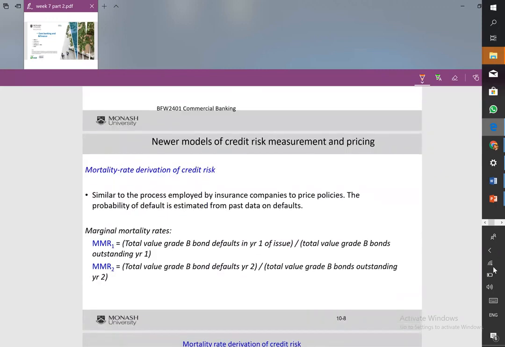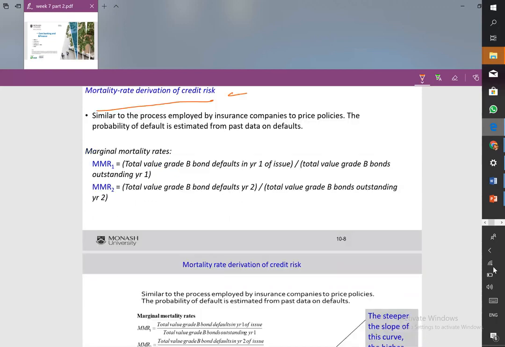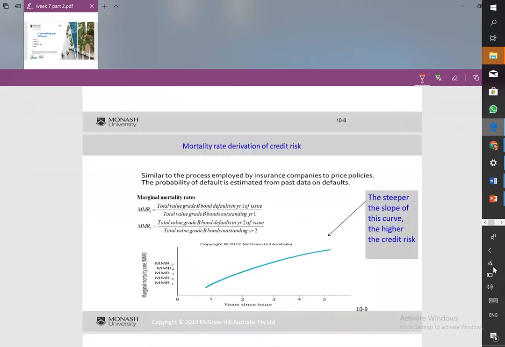The other thing, the second model, is the maturity rate deviation of credit risk. This is a very simple issue, and they use it actually for bonds. All you have to do, if you are going to invest, is the following: you calculate the total value.